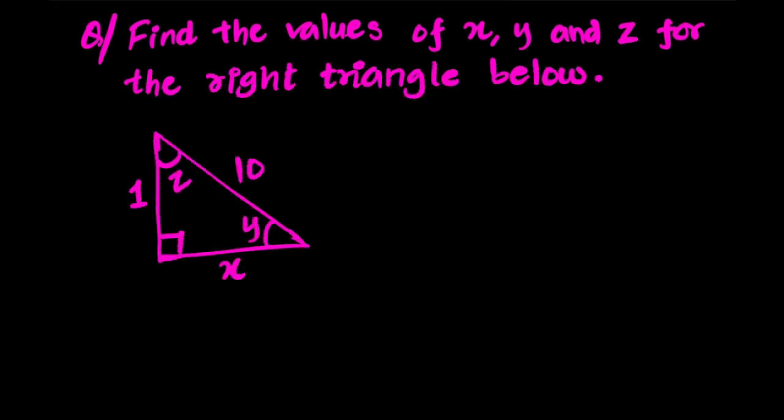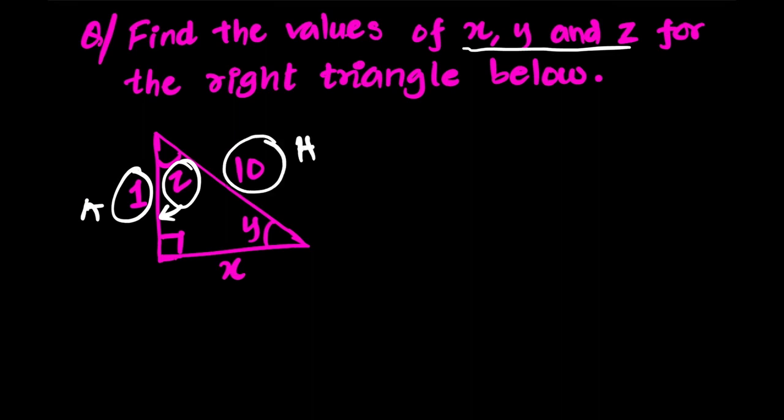Let's solve another problem which says find the value of x, y, and z for the right triangle below. So let's find the value of z by applying trig ratio. With respect to this z, the side length 1 is adjacent, and then the side length 10 is hypotenuse. So use the cosine ratio, which involves adjacent and hypotenuse. So cosine of z equals adjacent, which is 1, divided by hypotenuse, which is 10, which equals 0.1.